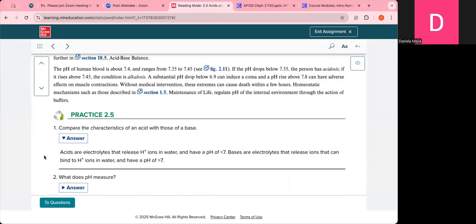Bases are electrolytes that release ions that can bind to hydrogen ions in water. So they bind, they release ions that bind to hydrogen.